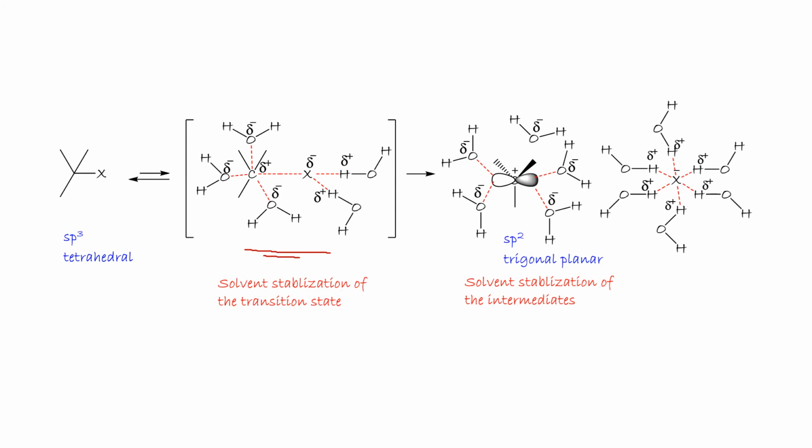So here in the transition state stabilization, the sp2 carbon is stabilized via the partially negative charge of oxygen, and the halide nucleophile is stabilized by the partially positive charge of the proton from water molecules.